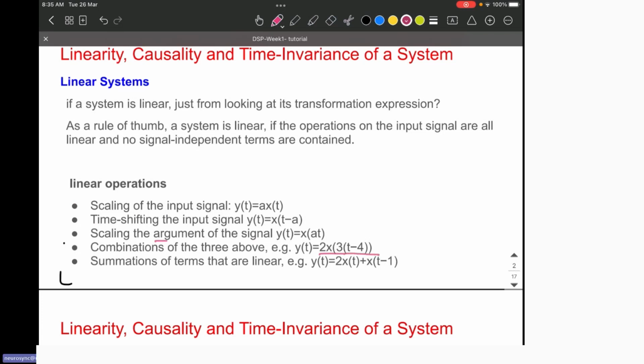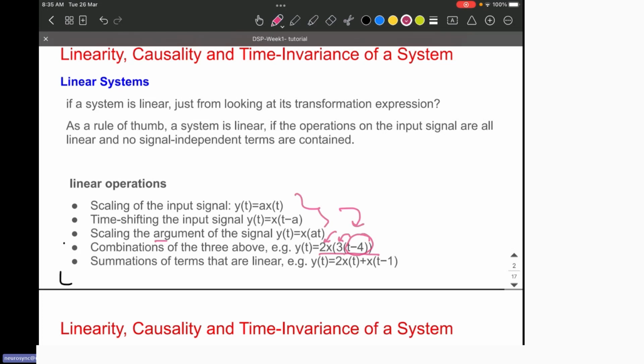The 2 is the first operation, scaling of the input signal. Then t minus 4 is the time shift in the input signal. And the multiplication by 3 is the scaling in the argument of the signal. All three are combined here.